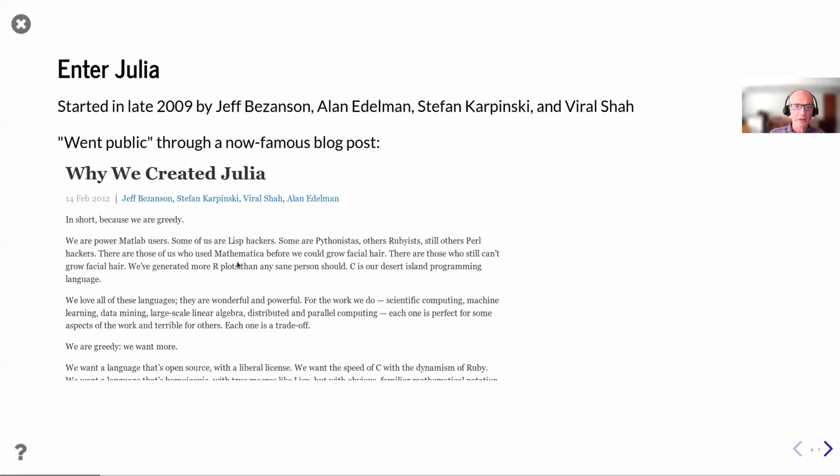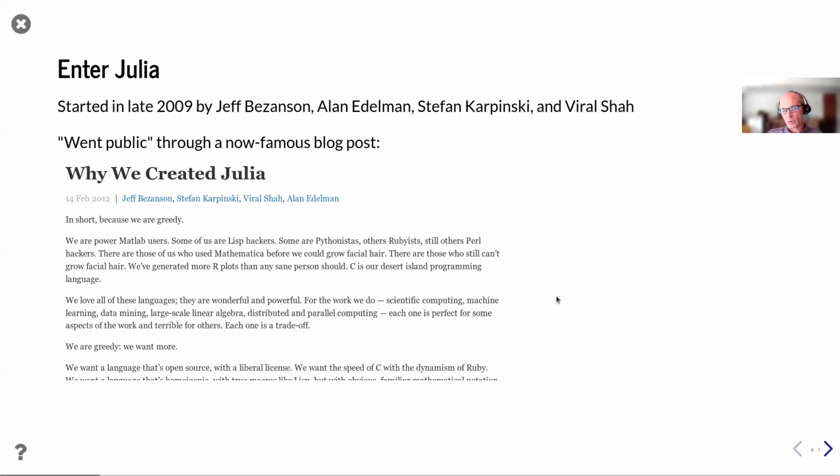If you're interested, I strongly recommend looking up the original, but it shares their overall goals in having started this effort. The fundamental effort was to end this two-language problem by creating a high-efficiency, easy-to-use language, high efficiency from the programmer's perspective, that also had excellent computational performance.